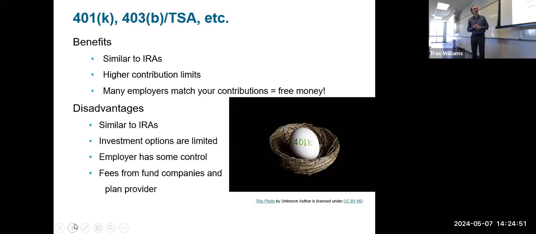Okay, so bottom line, if your employer offers a 401k and they will match your contributions, take advantage of that, because it's free money. As long as you can afford to put in whatever percentage, you're getting that free money from them.